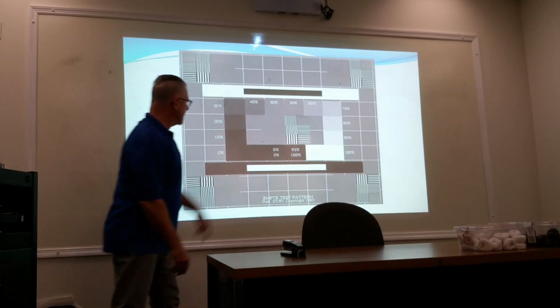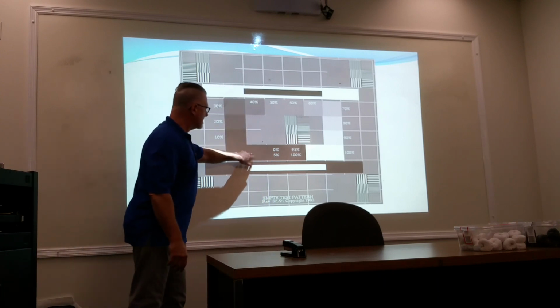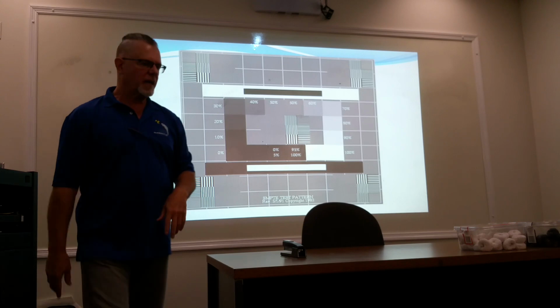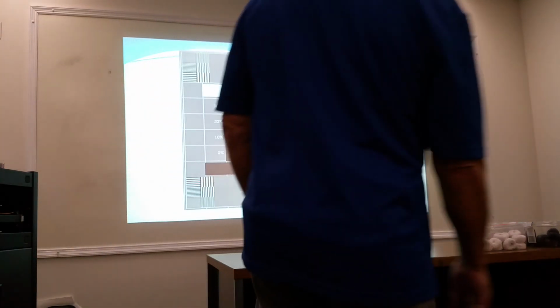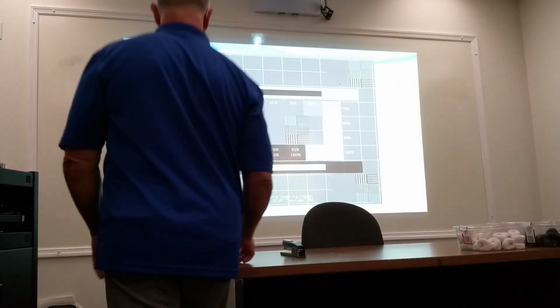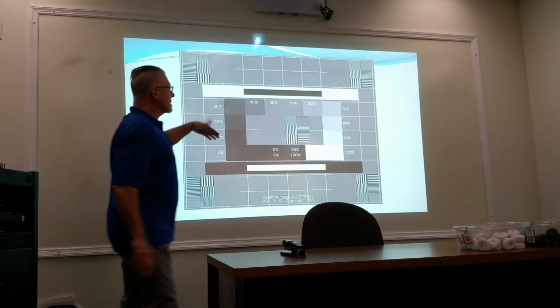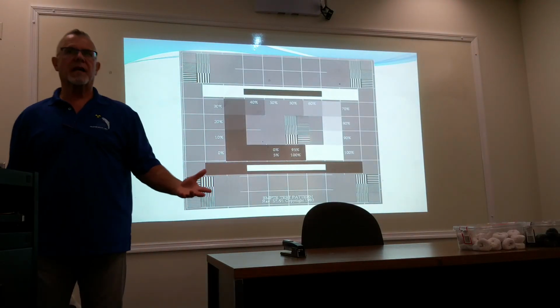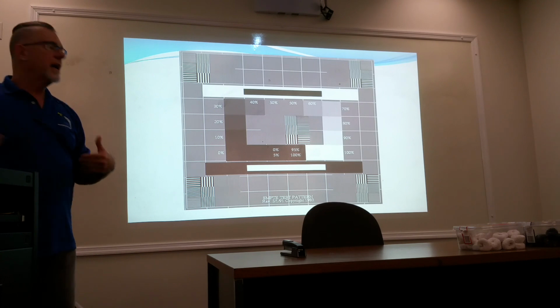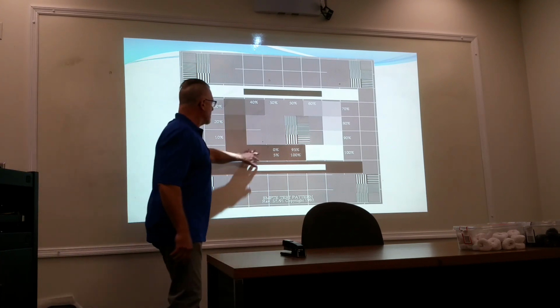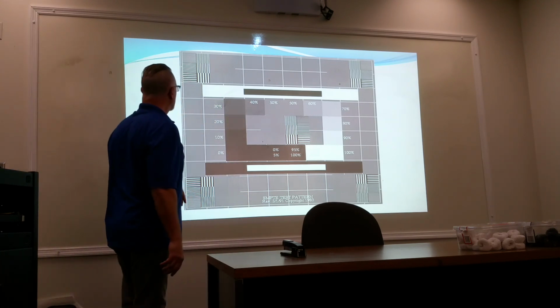And then in a really good system, you would see the 0.5% box in black. And you can't see it. So what we would do in this case is say this is a non-compliant system, and we would have to go through and redo this so that you could see everything you need to see.